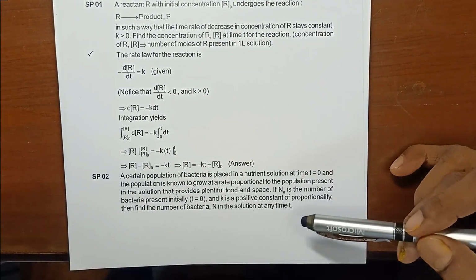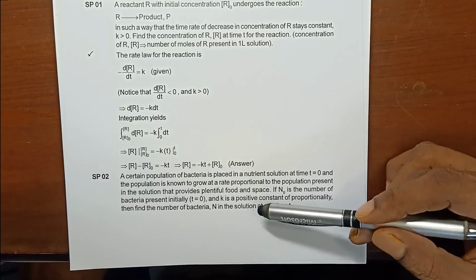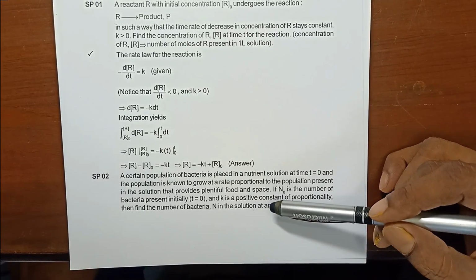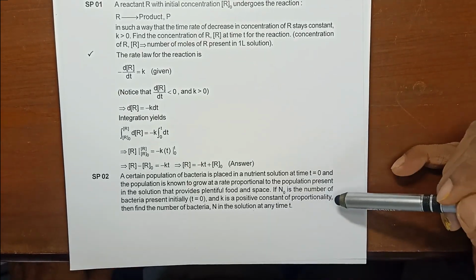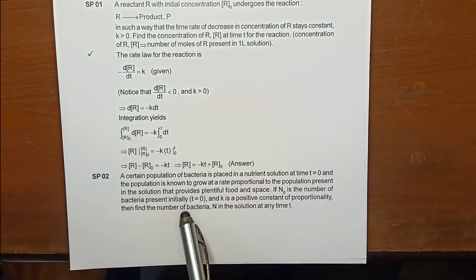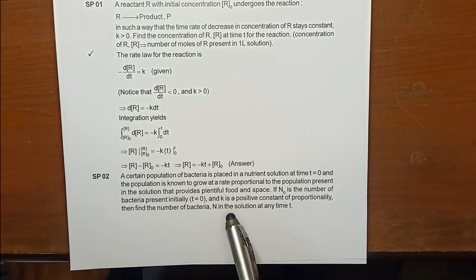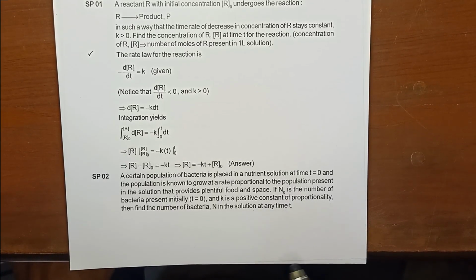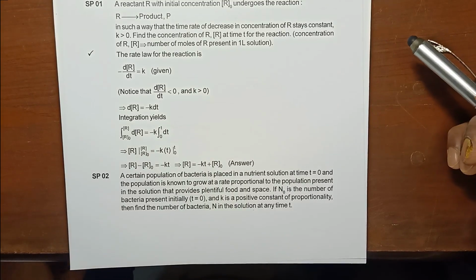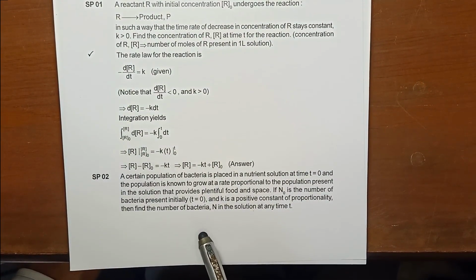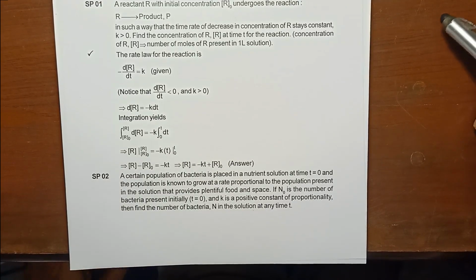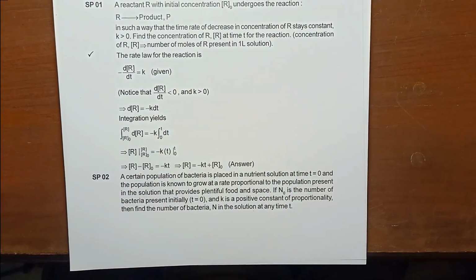And it provides plentiful food and space for the growth of the bacteria. Now if N₀ is the number of bacteria present initially, and K is a positive constant of proportionality, then we are going to find the number of bacteria N in the solution at any time t.